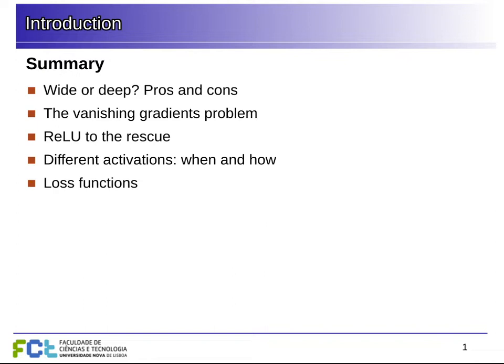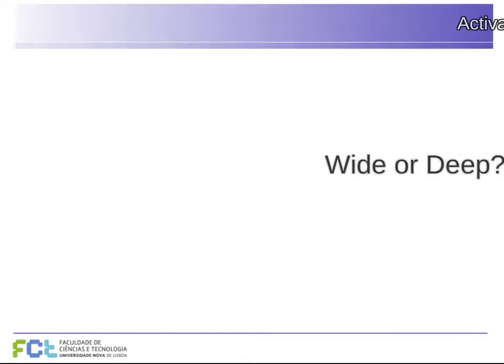So this is the vanishing gradients problem when we use activations like sigmoid, for example. Then we're going to look at different activations, where to use them, how, and also different loss functions that we can use to optimize our models.